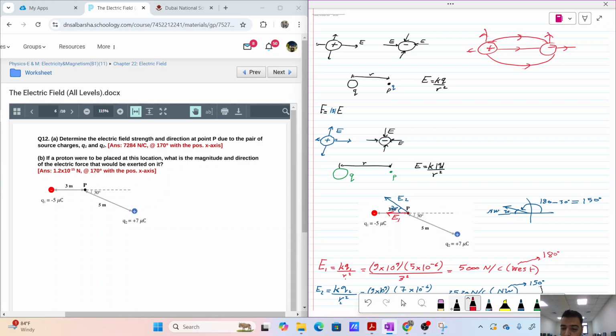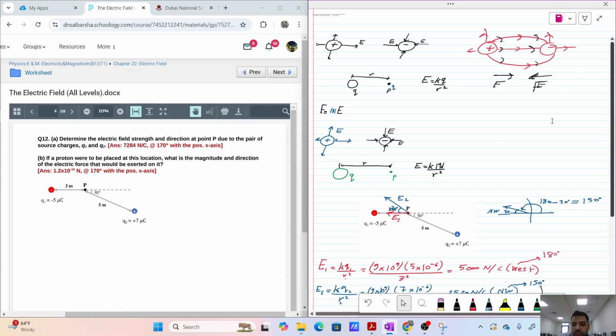However, regarding the force, we know that the force between positive and negative is a force of attraction, so the forces are directed towards each other. And if you notice, for a positive charge, field lines and force are in the same direction. For a negative charge, field lines and force are in opposite directions.